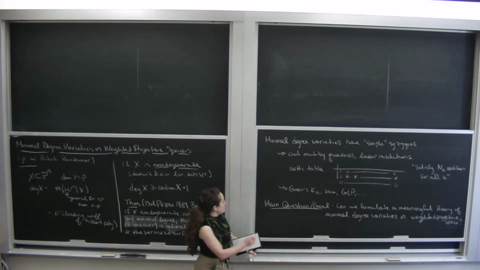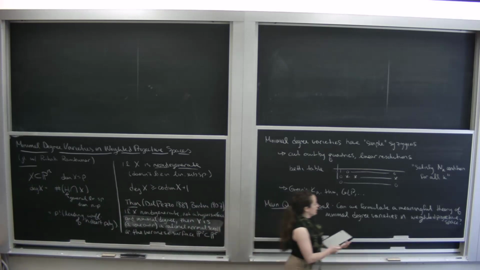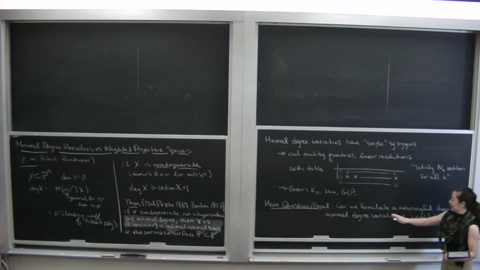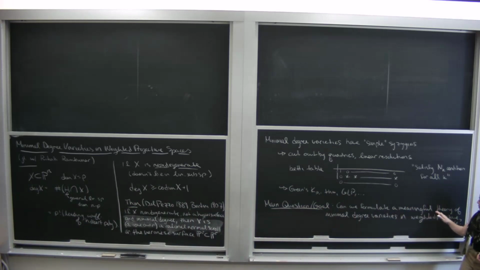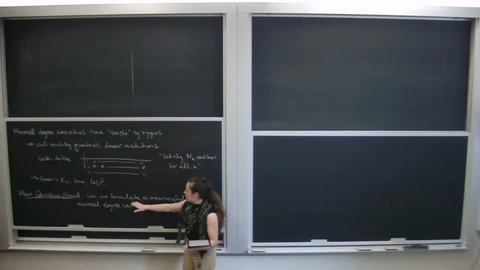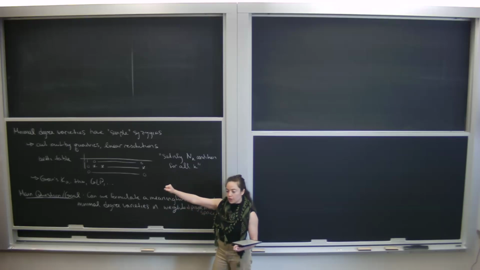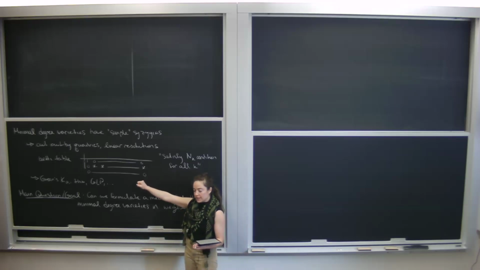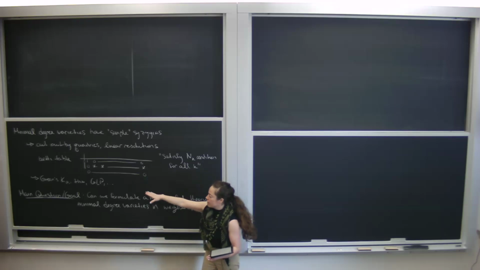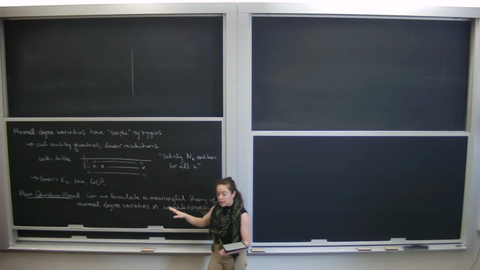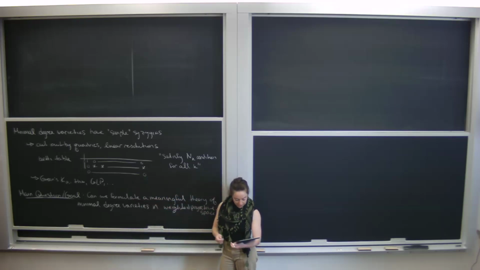Okay, so this is going to be kind of the main goal, and then to expound on what it would mean to formulate a meaningful theory of something, the kind of things we want to know is: is there some lower bound like this for the degree of a weighted projective variety?